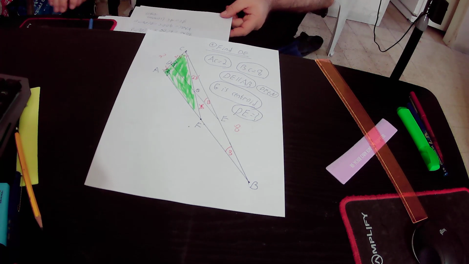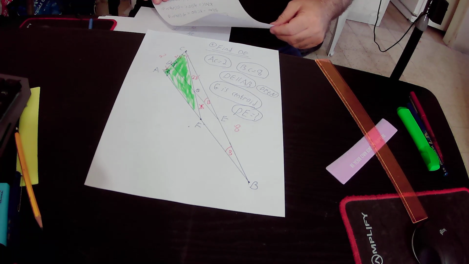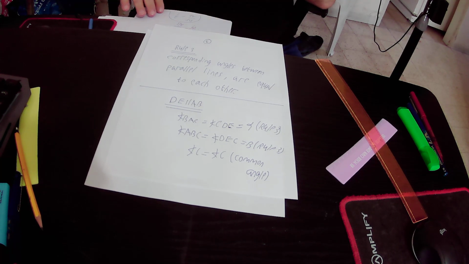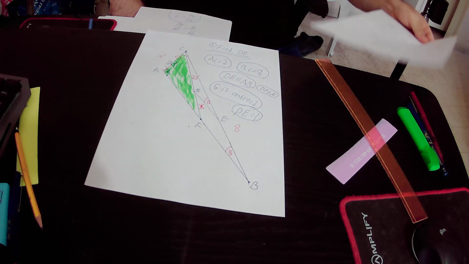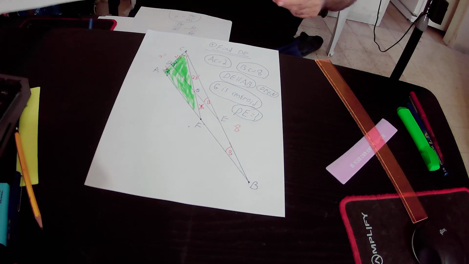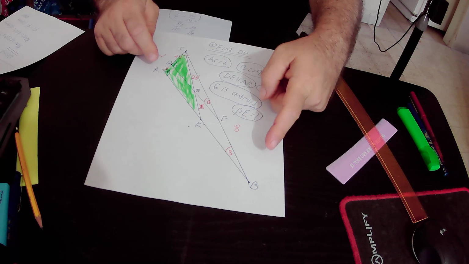Then we also have rule number 3, which states that corresponding angles between parallel lines are equal to each other. In our drawing, we know that DE is parallel to AB.